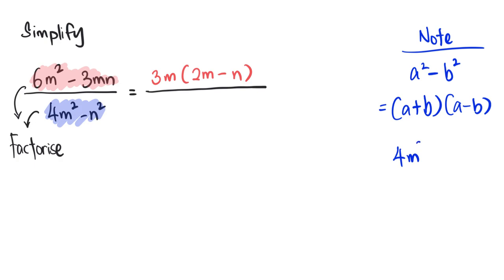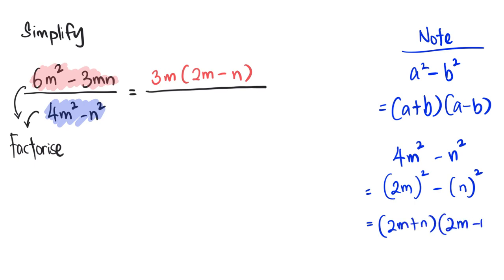So looking at 4m squared minus n squared, I actually can rewrite 4m squared as (2m) squared. 2 times 2 is 4, m times m is m squared. And the n as n squared. So applying the special product, this is what you will be able to get in order to factorize it.